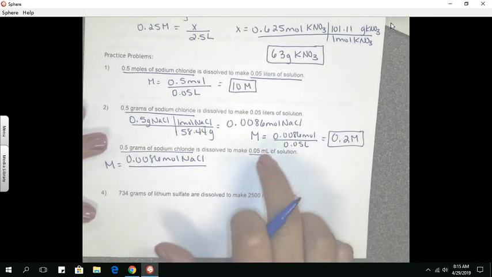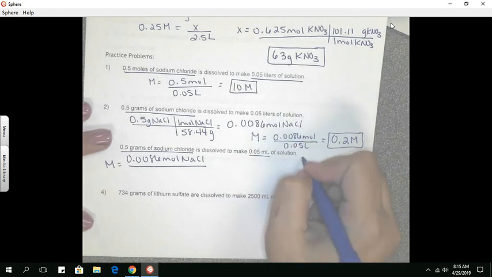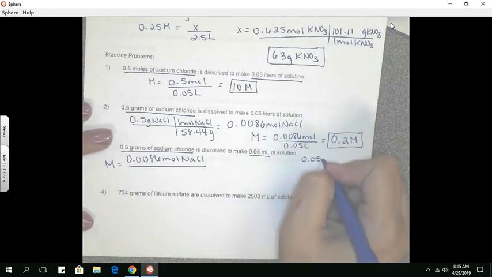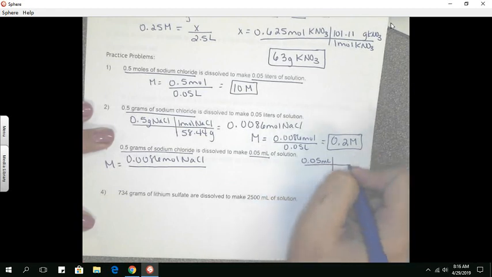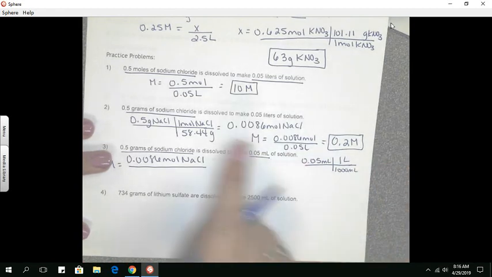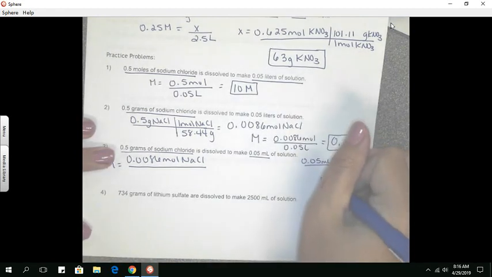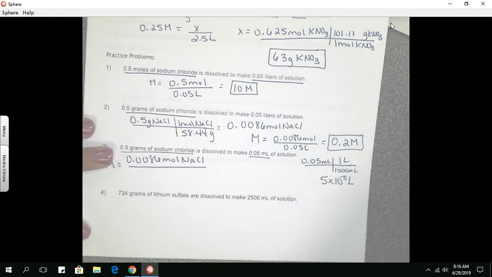So our 0.05 milliliters becomes how many liters? If you recall, there are 1,000 milliliters in 1 liter. So this is a very small amount of liters. So 0.05 divided by 1,000 gives us 5 times 10 to the minus 5 liters.